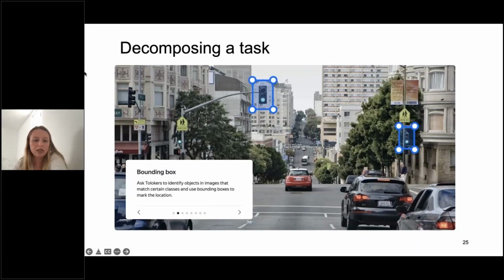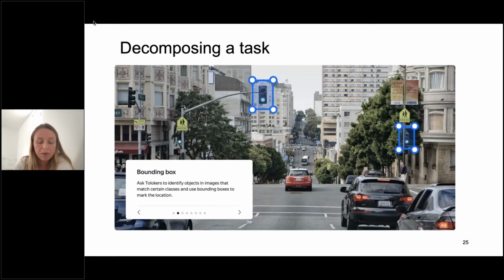And I would like to give you a short example here. Imagine that you are training a computer vision algorithm and you would like your algorithm to detect traffic lights. So basically what you need to do is gather a lot of labeled traffic photos, with labeled traffic lights with bounding boxes.